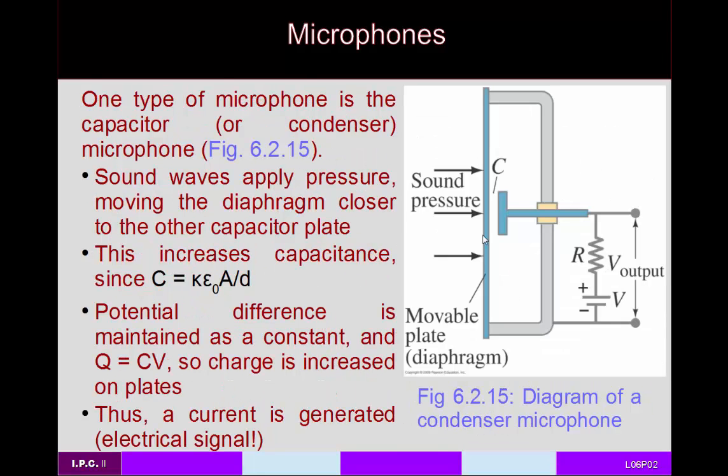So how do you build a microphone, or how do you make a transducer for that matter? This right here is a basic diagram showing the microphone. This type of microphone is called a capacitor or sometimes a condenser microphone. What happens is that you have a parallel plate capacitor. That would be this blue guy. And you can see there's a voltage source, there's a resistor that you can charge the capacitor through, and then there's an output.